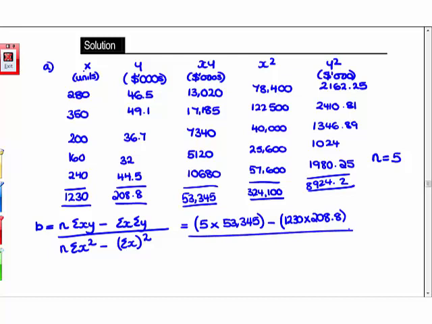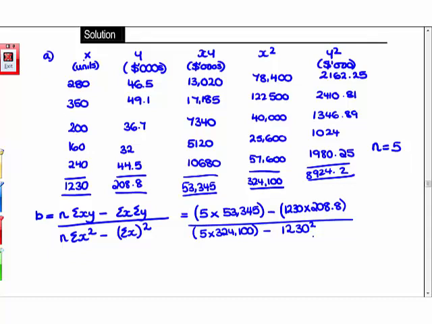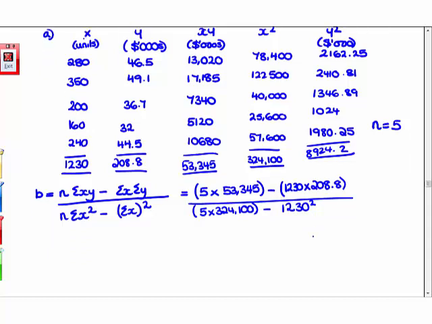Divide that by N times the total of the X squared column, 324,100, minus the total of the X column, 1,230 squared. Now that might look quite awful to put into your calculator, but you can do it in stages if you wish to. Just remember to do what's inside the brackets first.